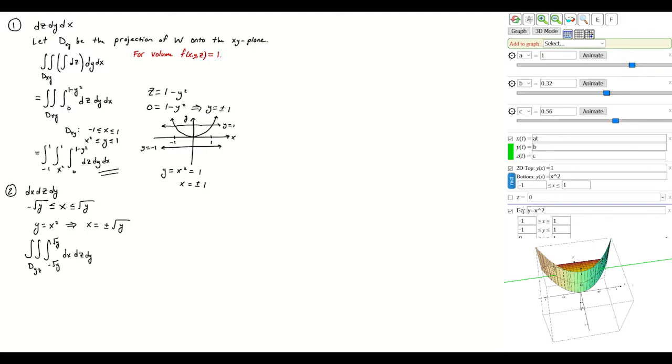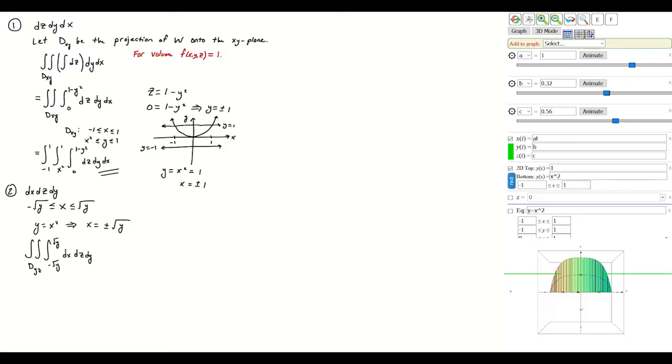Okay. So now that we have that figured out, what we want to do here is project this region onto the yz plane. So if we look at the yz plane, looks like we've got this kind of shape here.